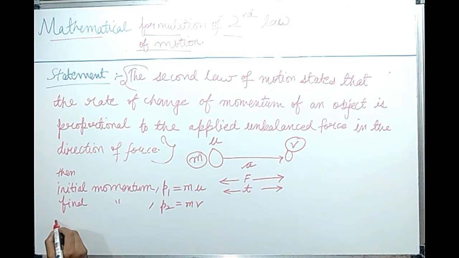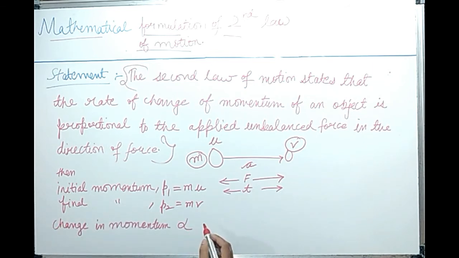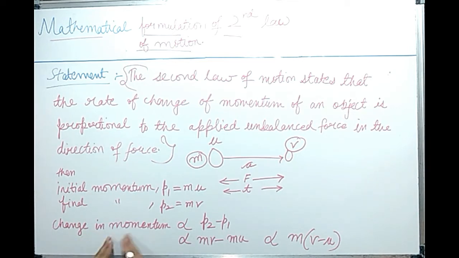Then change in momentum will be proportional to P2 minus P1, that is final minus initial. We can write it as P2 is mv minus mu. Take m common from this, m(v minus u), and this is the change in momentum.